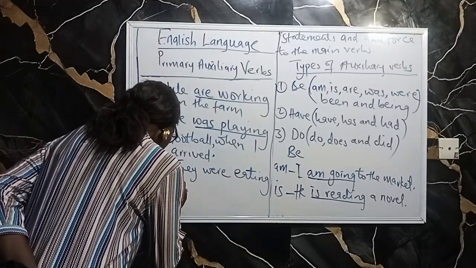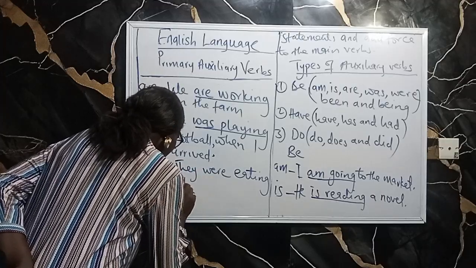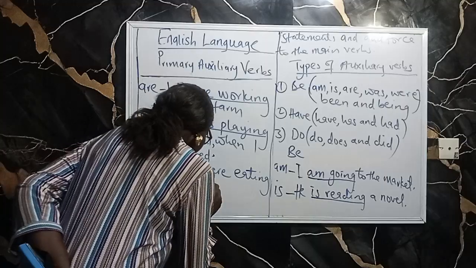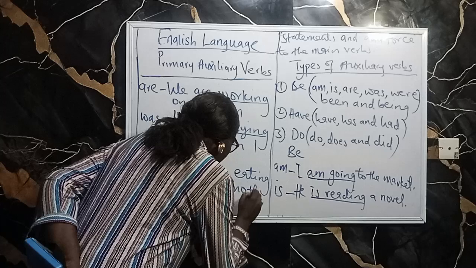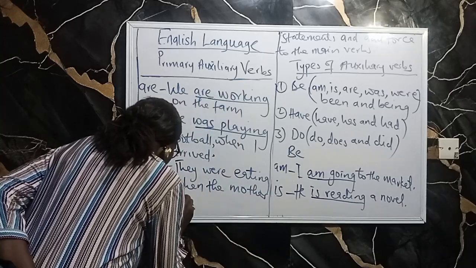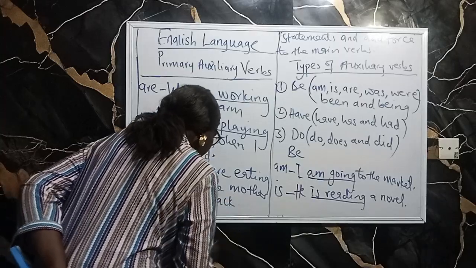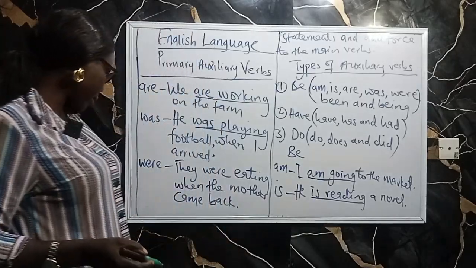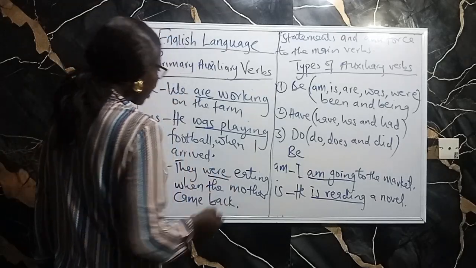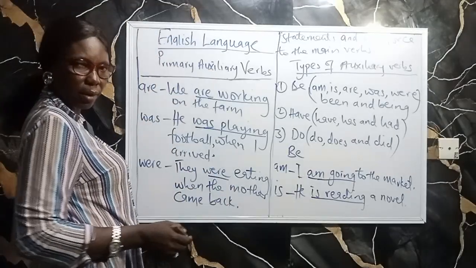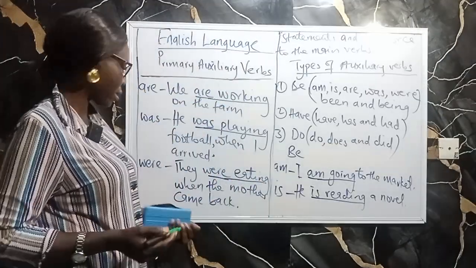They were eating when the mother came back. They were eating when the mother came back. Were is the primary auxiliary used with the main form of the verb eating.